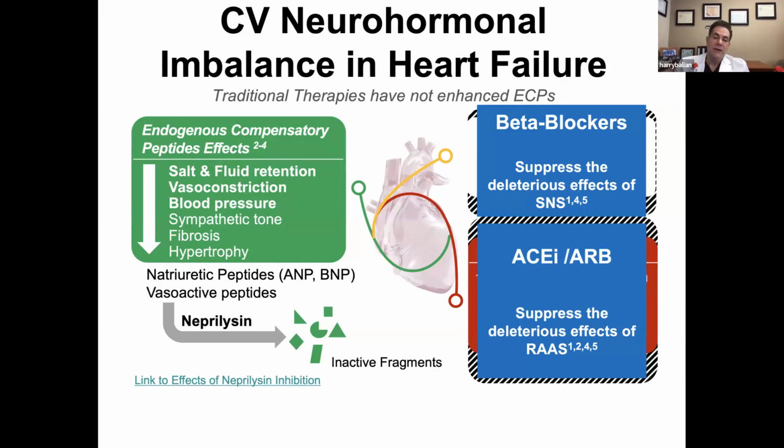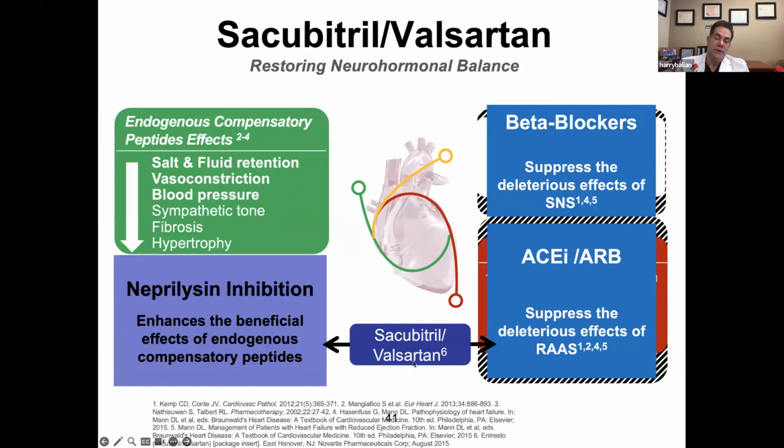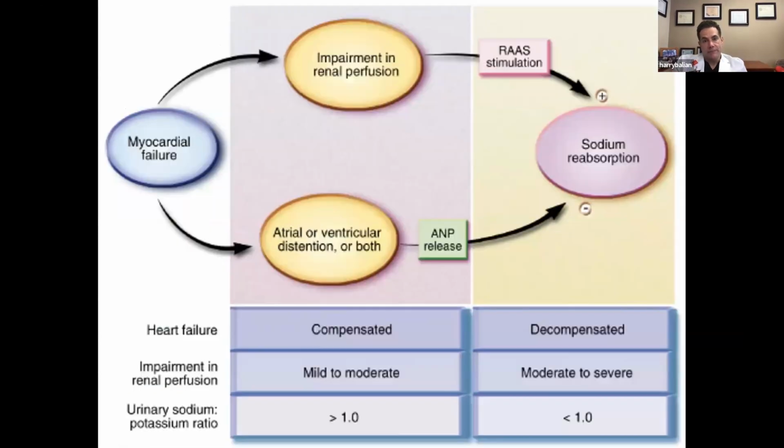And then now we have sacubitril/valsartan, which is Entresto, which decreases the breakdown of the neprilysin, and then causes improvement of the endogenous compensatory peptides, causing decreased salt and fluid retention, decreased vasoconstriction, and also improvement in the blood pressure. So a combination of beta blockers and also the Entresto, which I'm going to get into, is a way to maintain patients out of heart failure.